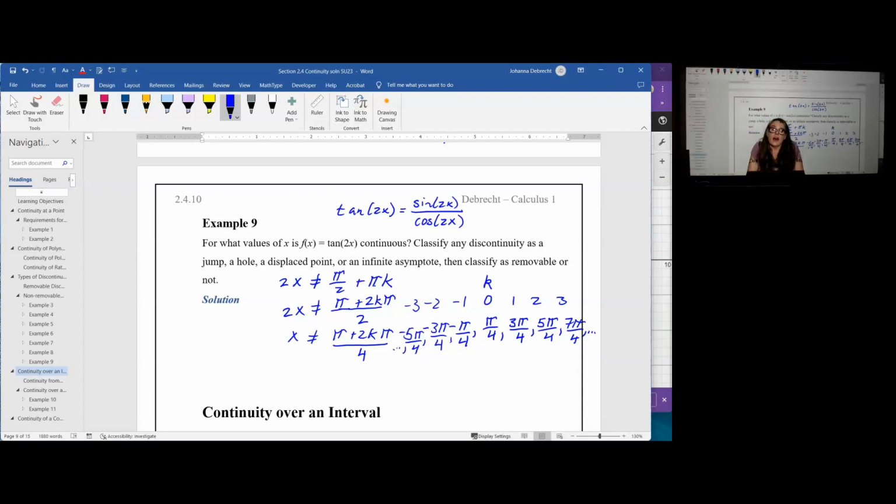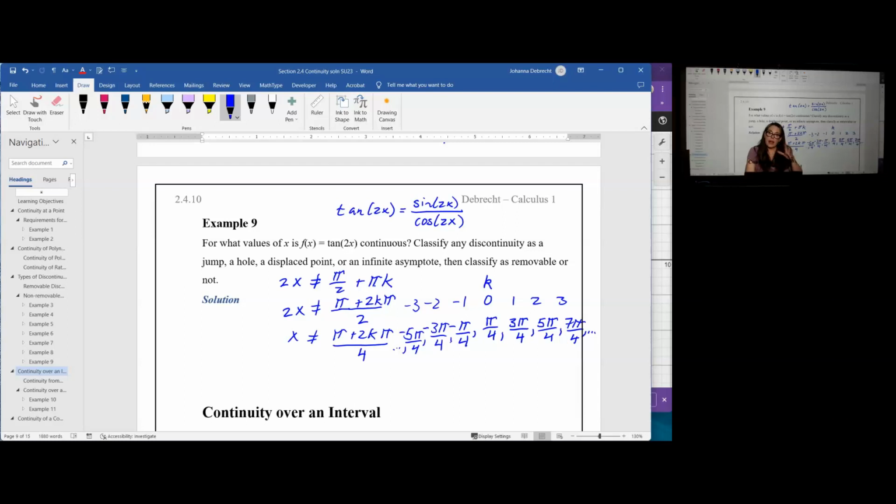What kind of discontinuity are these going to be? Well, they're not going to cancel with the numerator. They're not going to come out to be the same. So when we look at this, some of them may, let's think about it. Would they come out the same or not?